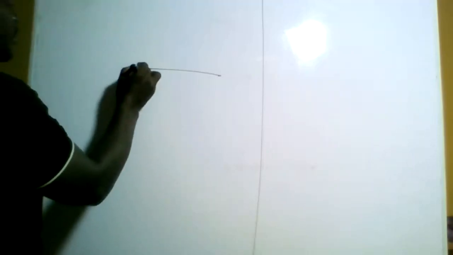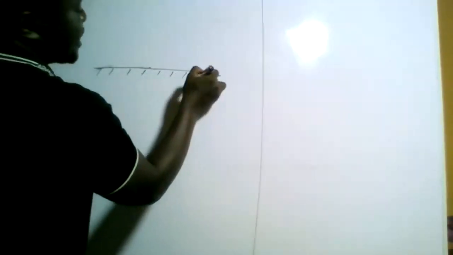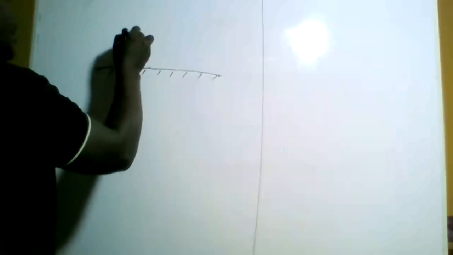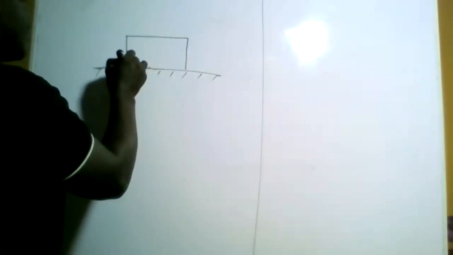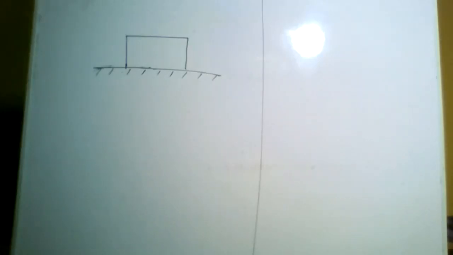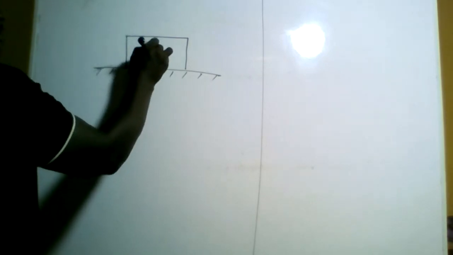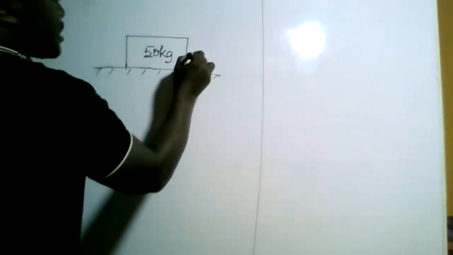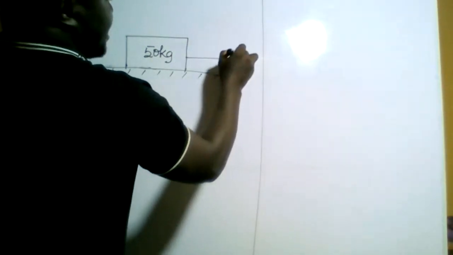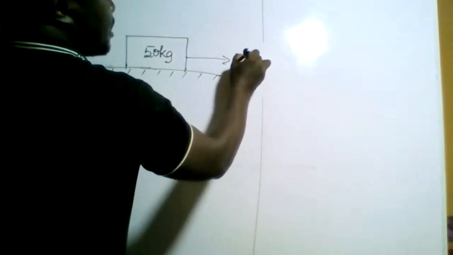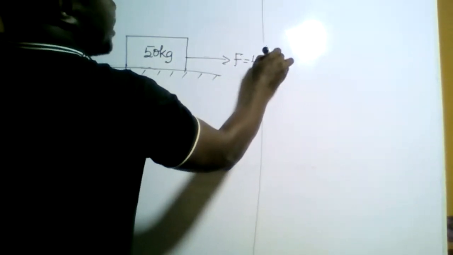So let's have this to be the surface. So this is the rough surface. A mass of 50 kg, and this is forced to move by a force whose magnitude is 450 Newton.